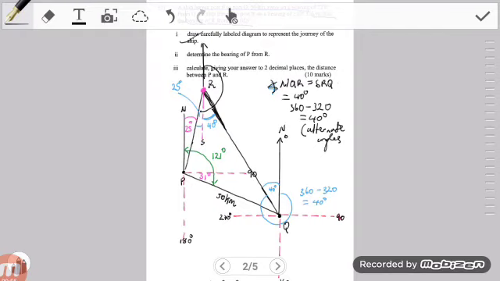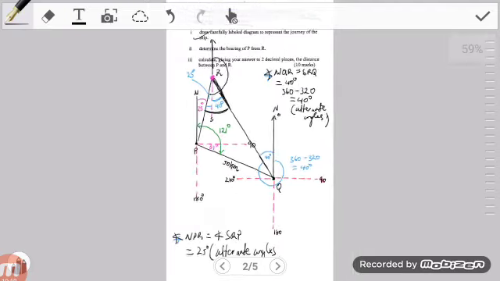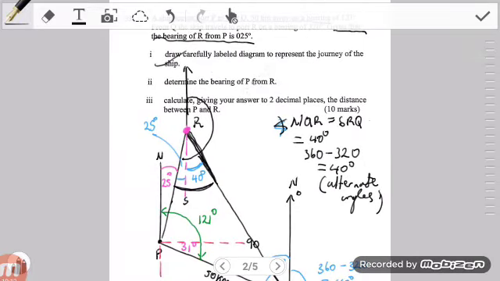All right, good. So now the full angle here is going to be, which is what they ask us for here, determine the bearing of R from P. Okay, the inside part here is 40 plus 25, that's 65. And remember that from north, coming all the way around to this pink line is 180 plus 25.